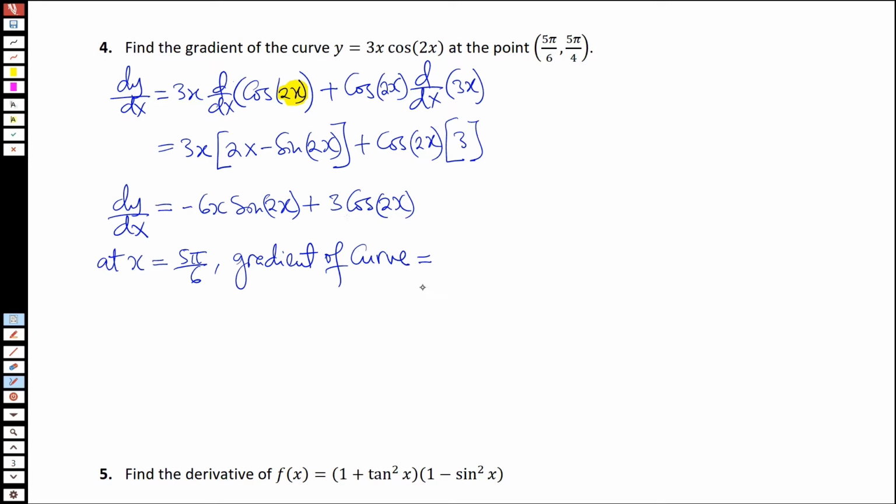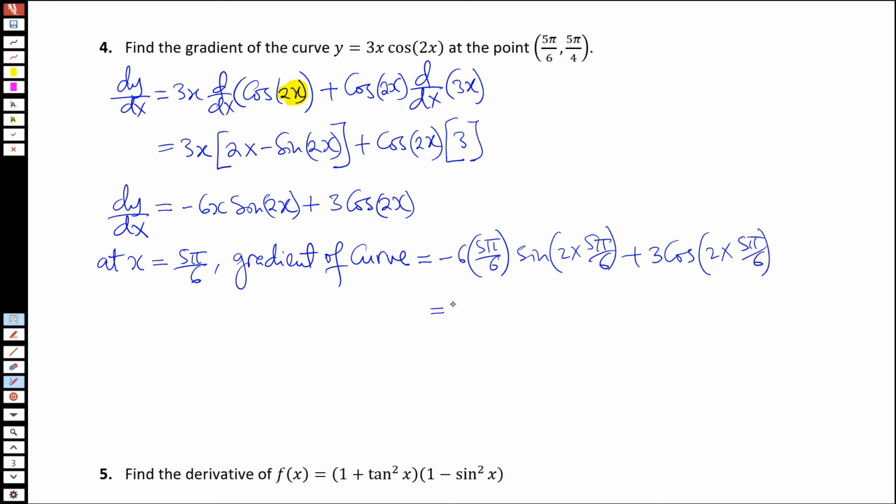So basically that will be equal to negative 6 multiplied by 5 pi over 6 multiplied by sine of 2 multiplied by 5 pi over 6 plus 3 cos into bracket 2 multiplied by 5 pi over 6.